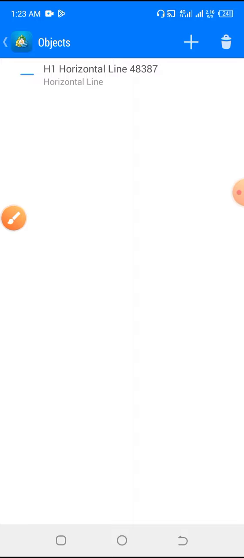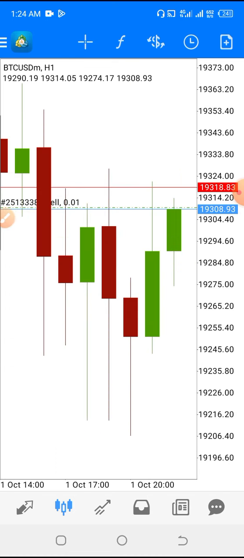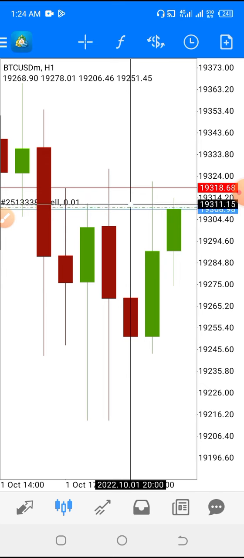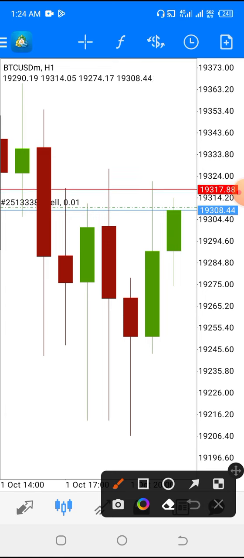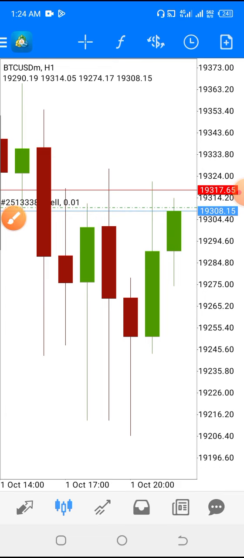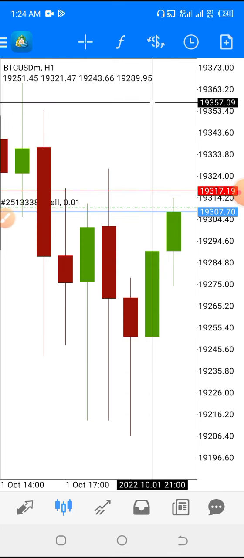Since I'm selling this trade and this is our current price, I'm expecting price to fall down. So my stop loss will be above. Let's say my stop loss is here, 19,357.